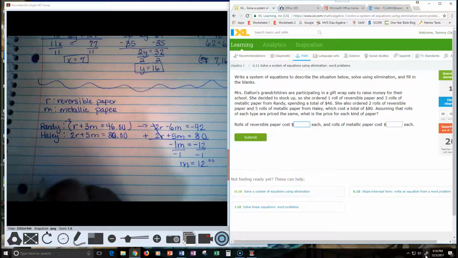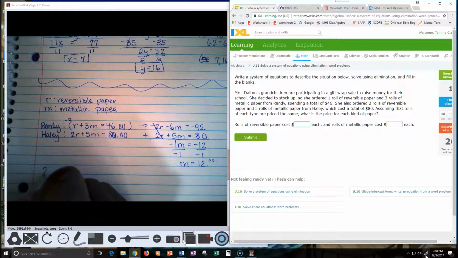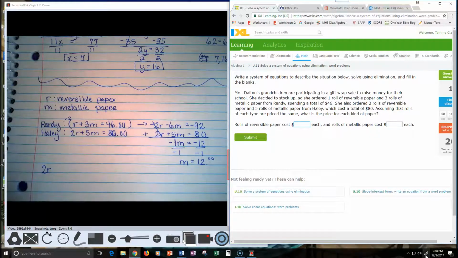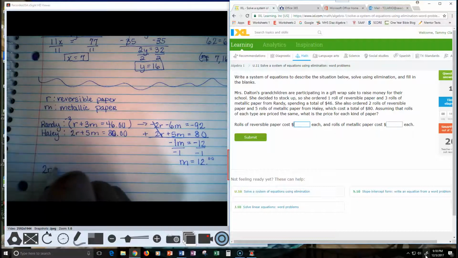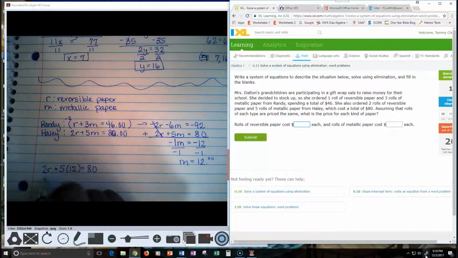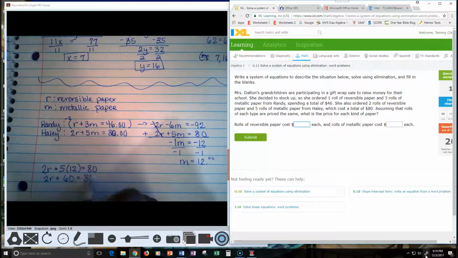So I have 2 times the cost of the reversible paper plus 5 times $12 per metallic paper equals $80. So I have 2 times the number of rolls of reversible paper plus 5 times 12 is 60 equals 80.